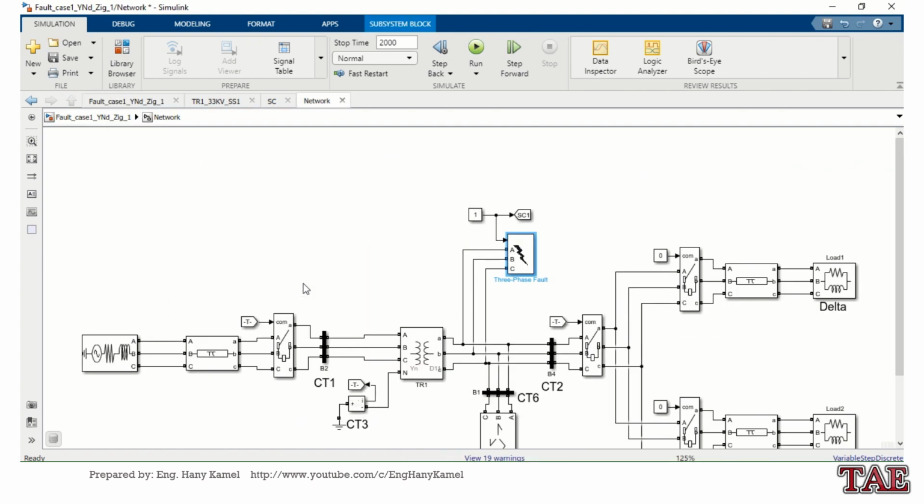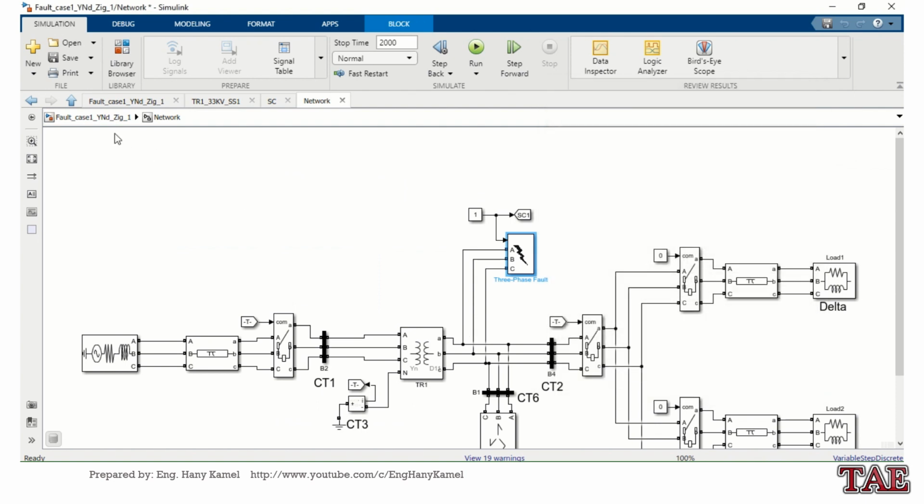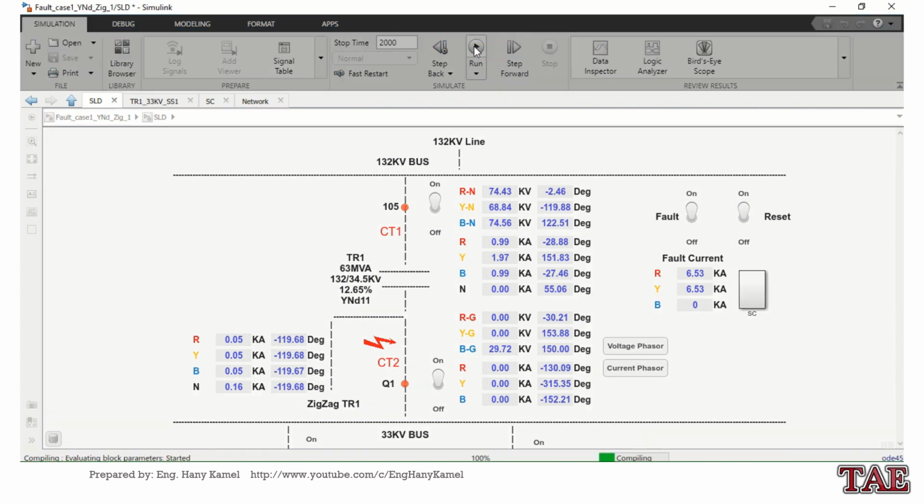Next fault, phase to ground fault. I will start on fault and keep the force reset.